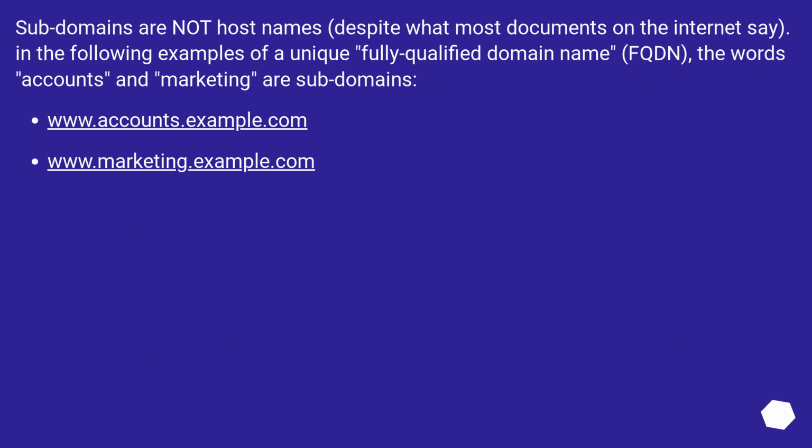Subdomains are not host names, despite what most documents on the internet say. In the following examples of a unique fully qualified domain name, FQDN, the words accounts and marketing are subdomains. www.accounts.example.com, www.marketing.example.com.